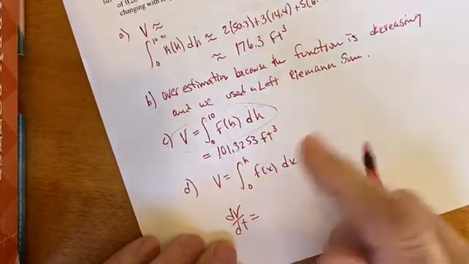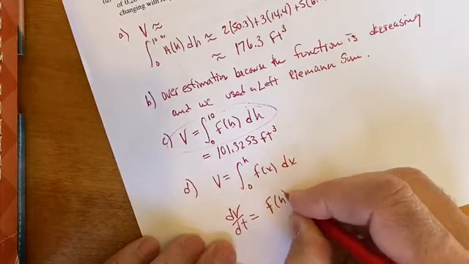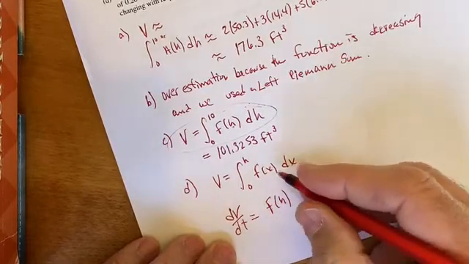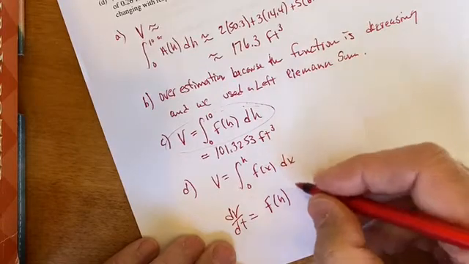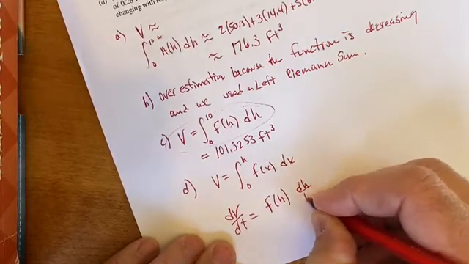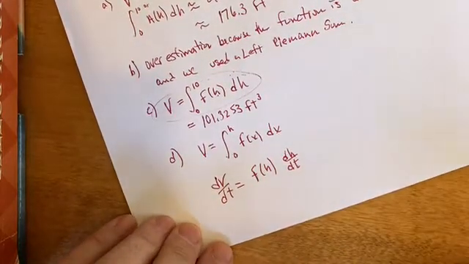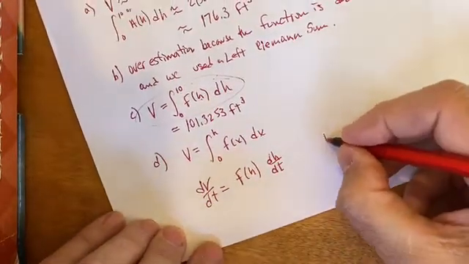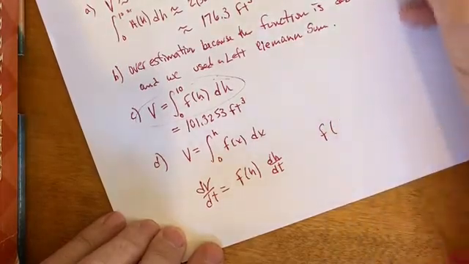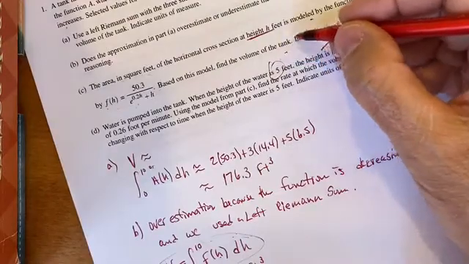It's f of h, the integrand with this h plugged in, but then we have that variable h, so we have to multiply it by dH dt. Okay? I think we know all this, right? f of h, f of 5.